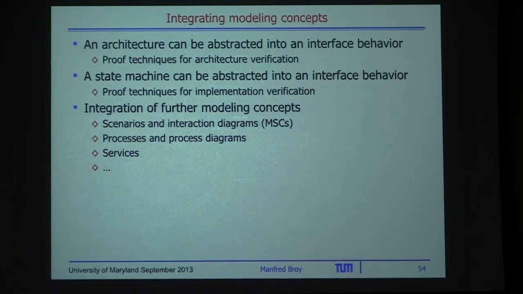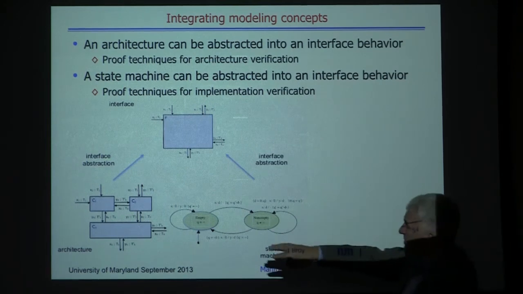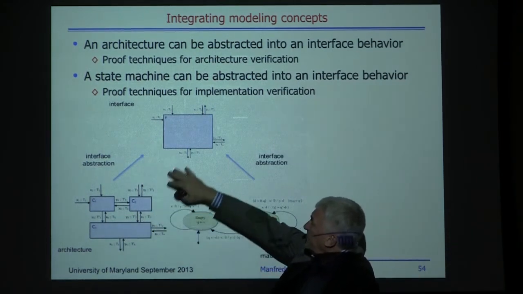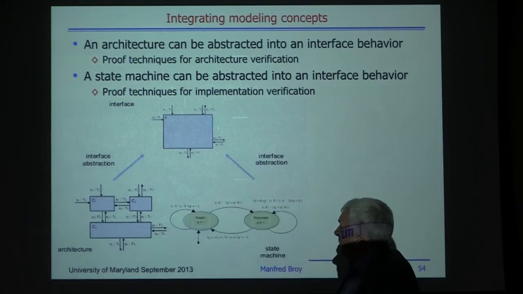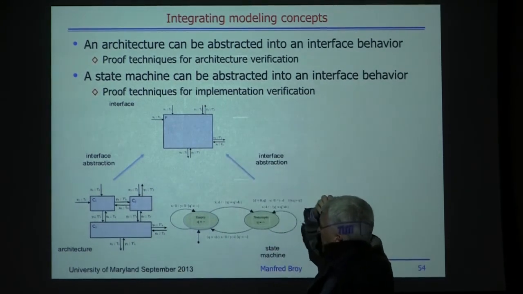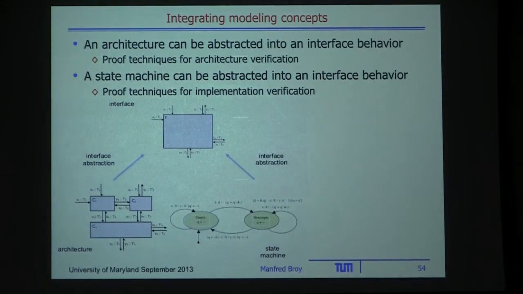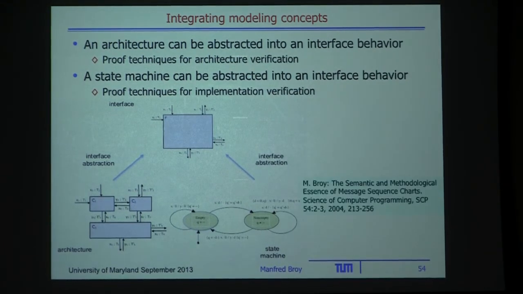As I told you, we have architectures and state machines. For both, we have interface abstractions. And so we can now integrate our modeling approaches by saying each architecture defines an interface behavior, each state machine defines an interface behavior, and therefore we can relate different descriptions of system behaviors.